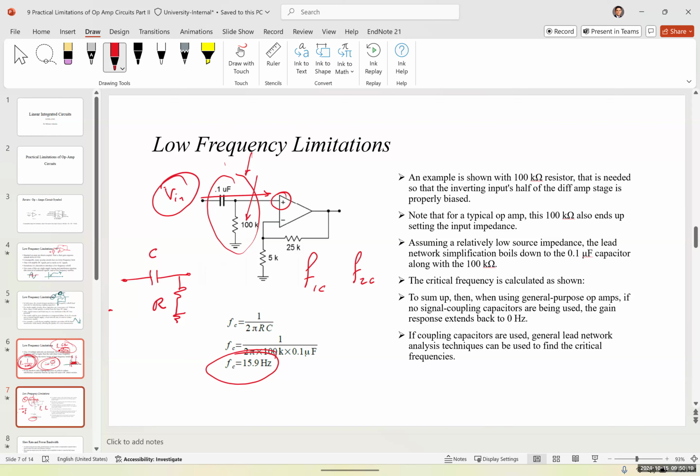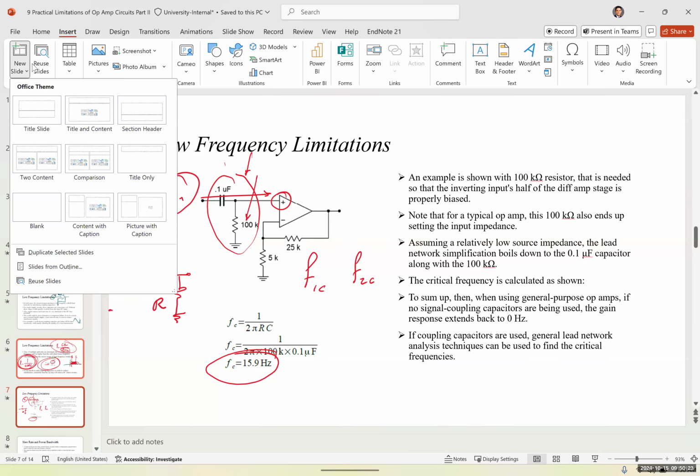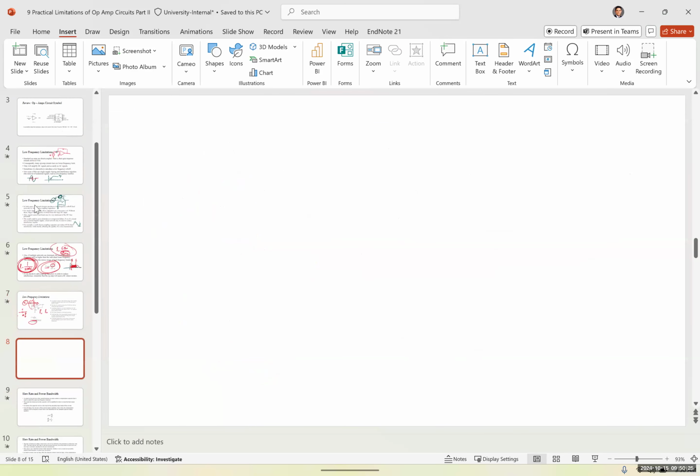Let's solve a practice problem, because I think practice problems and examples would help you better understand the system. So imagine we have a resistor and a capacitor, again connected to the positive side of the op amp.